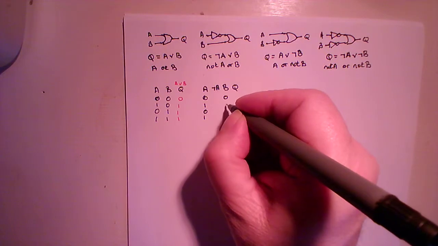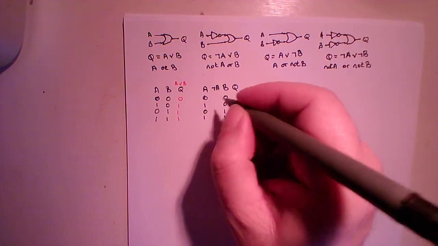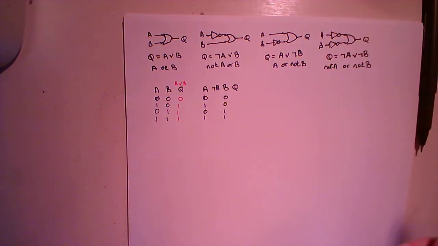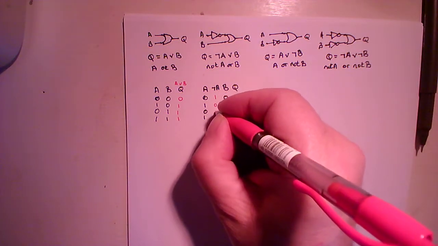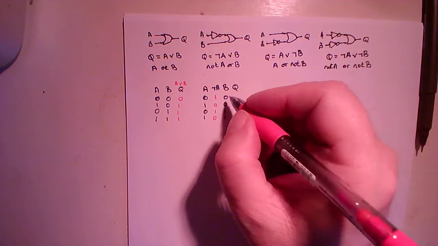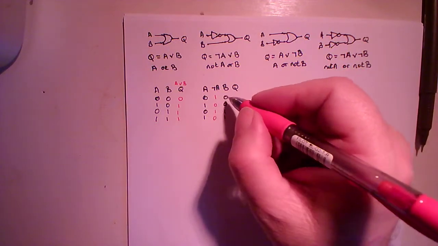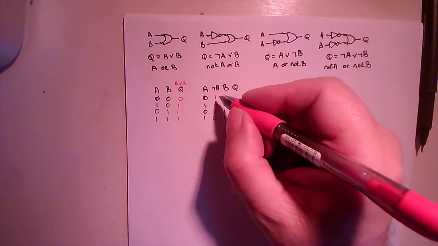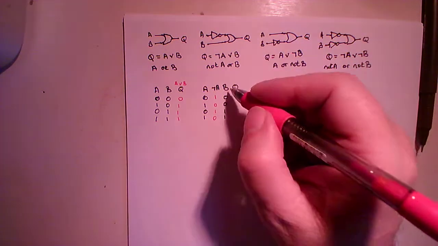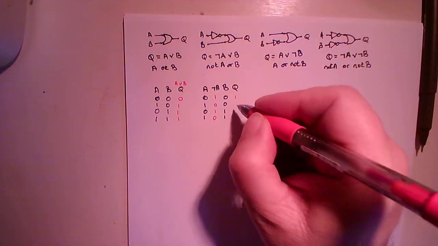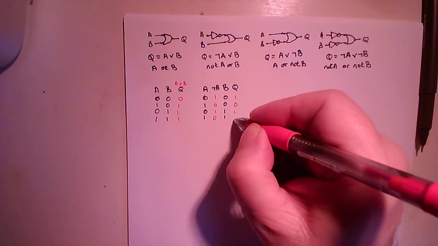B was 0, 0, 1, 1. Not A, exactly the same as before. That's going to be a 1, that's going to be a 0, that's going to be a 1, that's going to be a 0. And the output's going to be 1 if either one of these two is 1. And we're doing not A or B. So that's a 1, a 0, a 1, a 1.